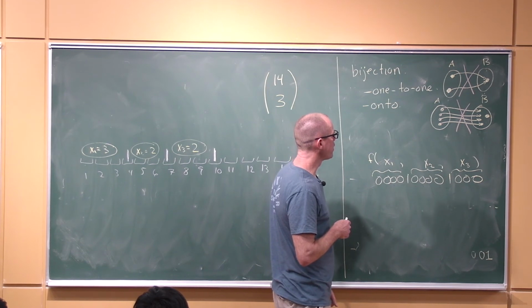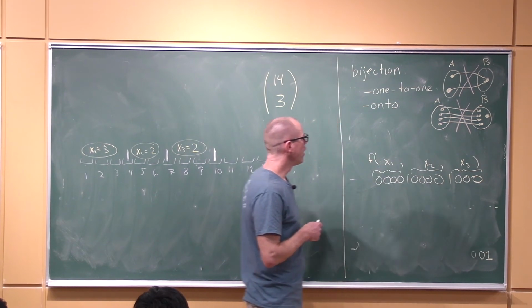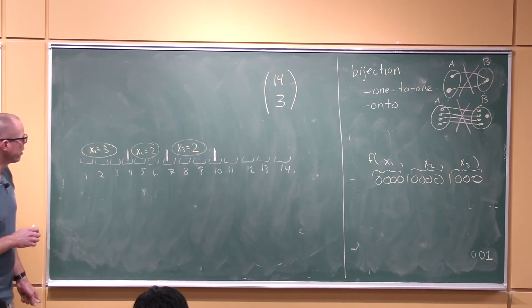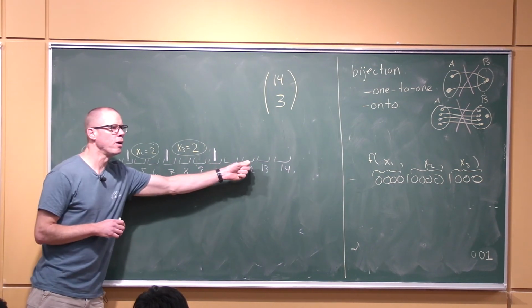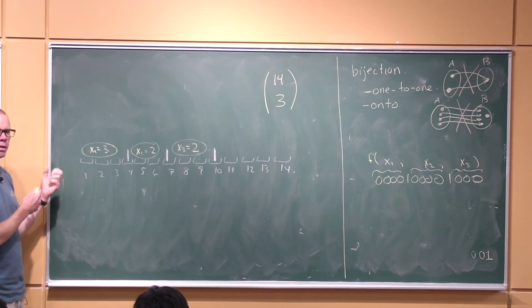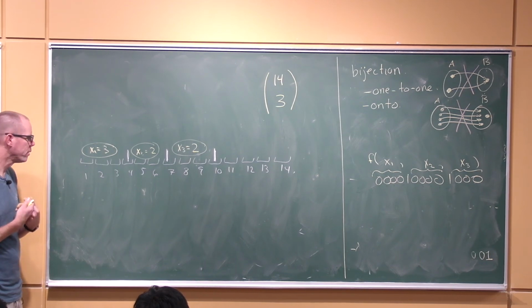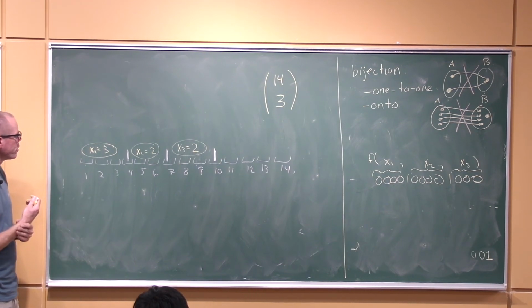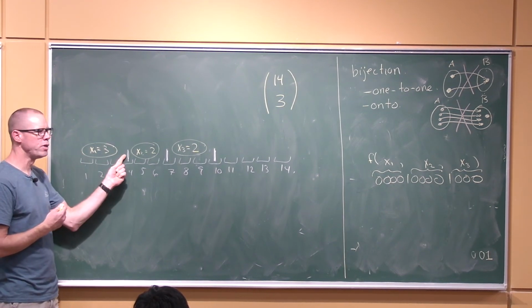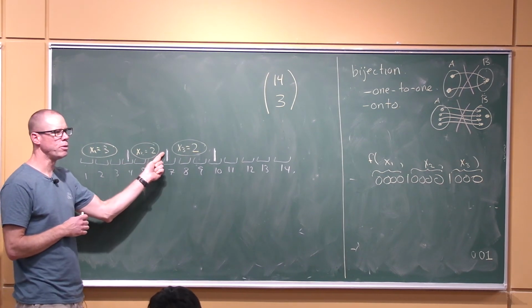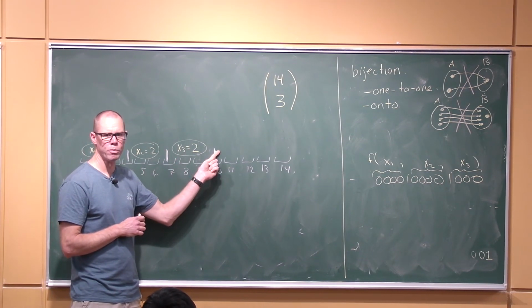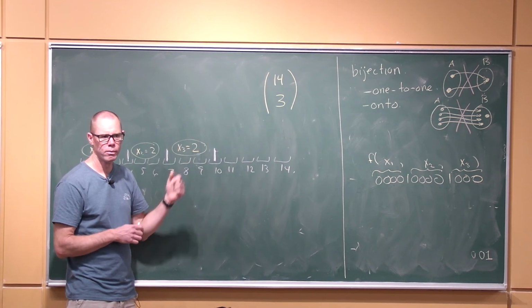And check that it's onto, that there's not some string that I can write here that doesn't have a corresponding solution. But the corresponding solution is easy to read from the string. You just count the number of zeros before the first one, the number of zeros between the first and second, and the number of zeros between the second and third. That's a solution.